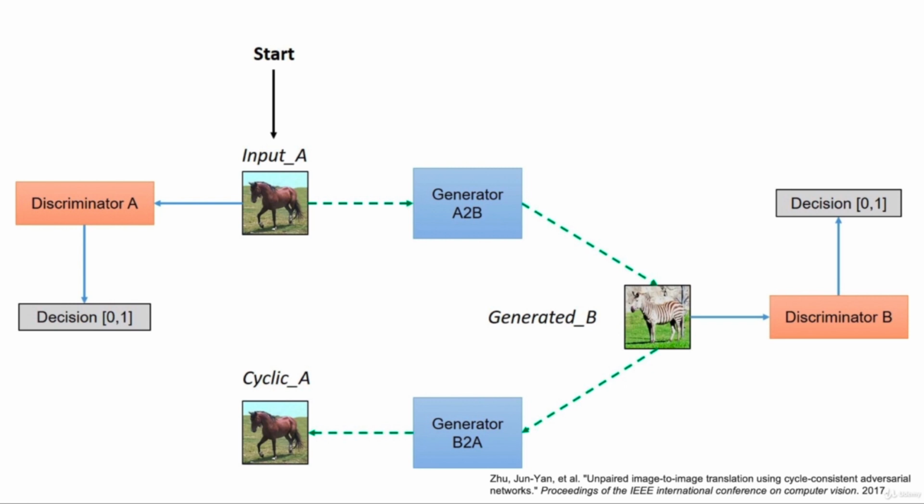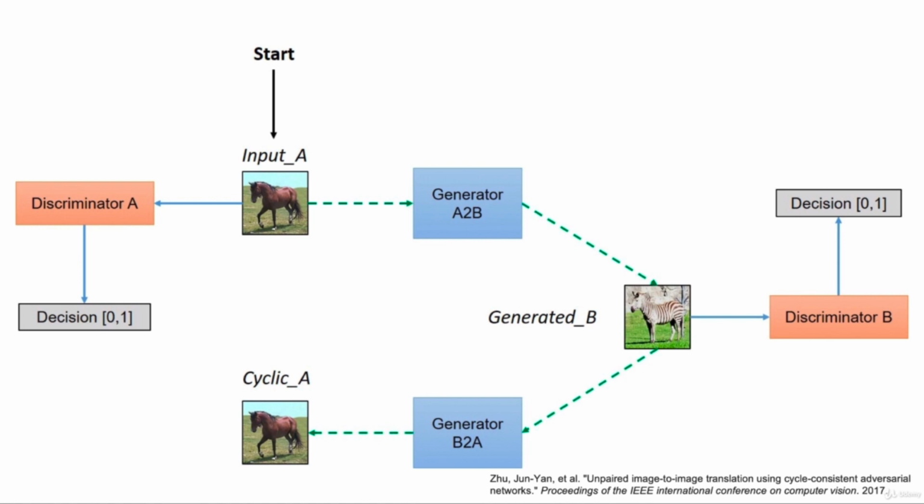We start from the image A, which is a horse in our example. The discriminator A will tell us if the image is of type A or of type B. Again, the difference from the standard GANs is that there are no real or fake classes.